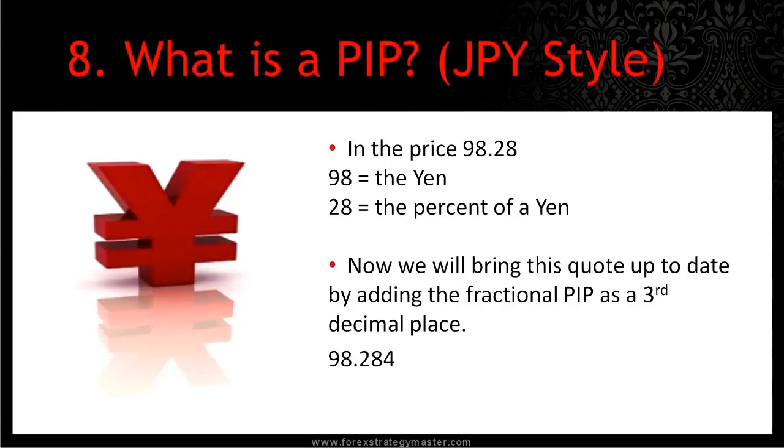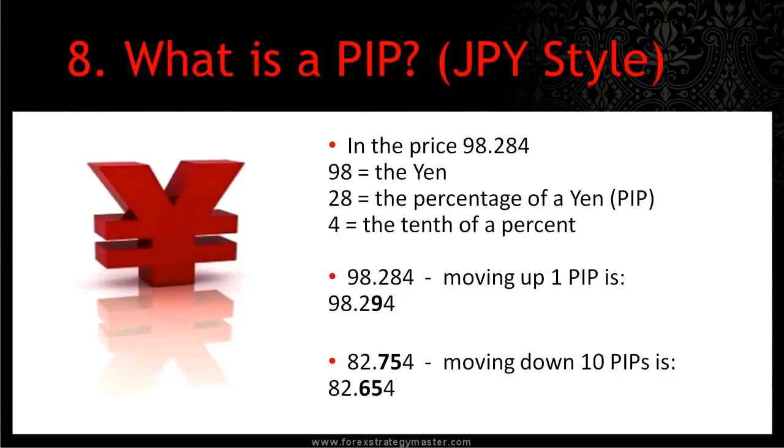Now we will bring this quote up to date by adding the fractional pip as a third decimal place. And again, the example would be 98.284. So the 4 becomes 1/10 of a percent. So again, in the price 98.284, the 98 is the yen, the 28 is the percentage of a yen, and the 4 is the 10th of a percent.